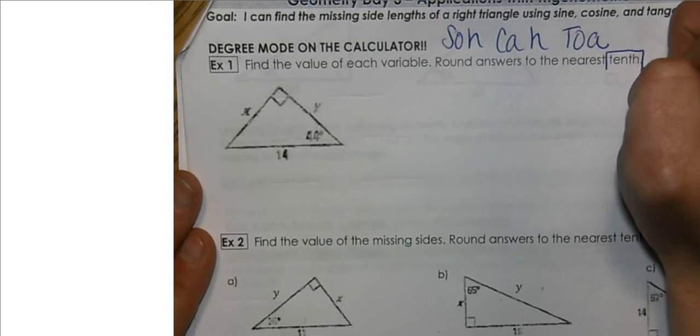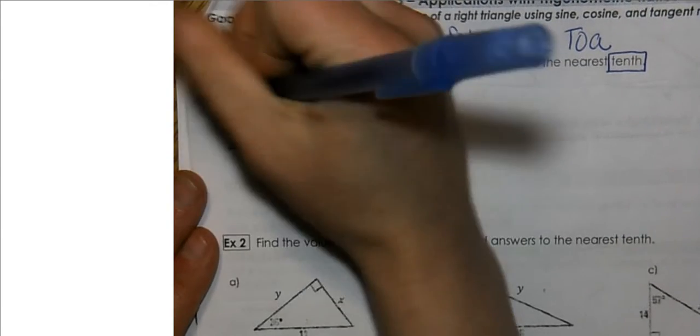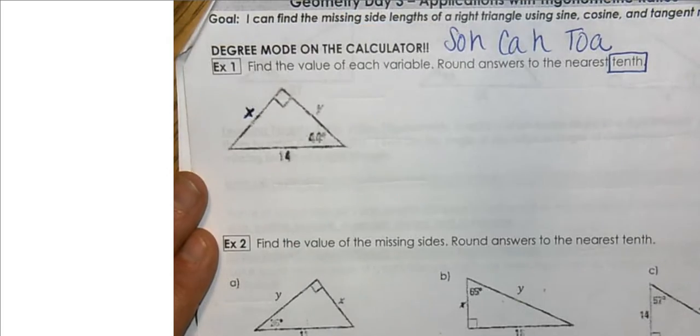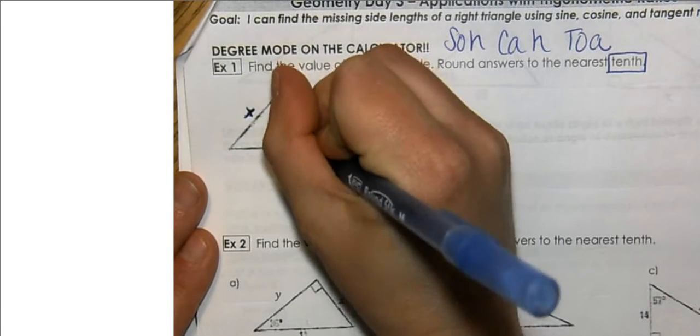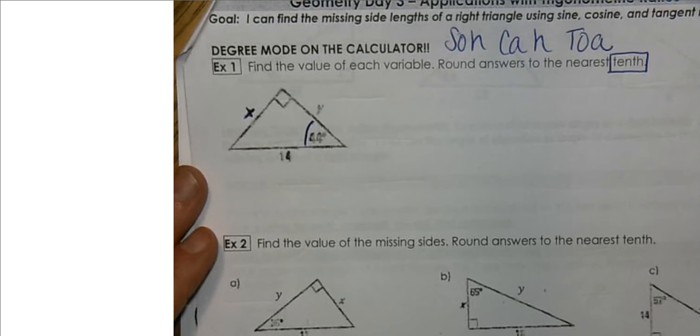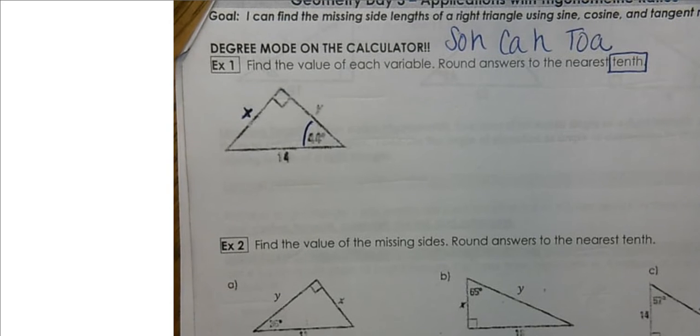So looking at the letter X and 44 degrees, which is the angle that's given to us. For all of these problems, we always use given information if we have a choice. So I'm going to actually write that down.